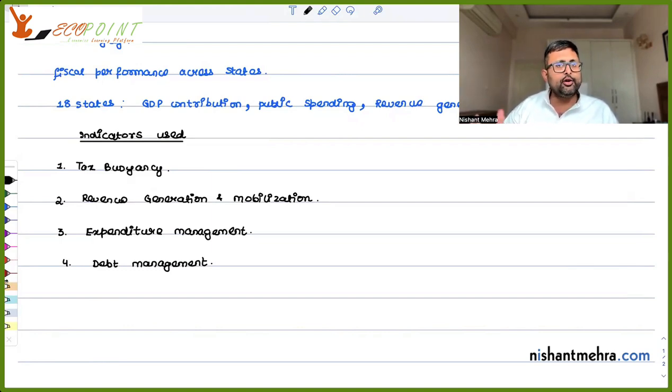So debt to state GDP ratio, and debt servicing burden. When a state takes up some debt, it will have to pay back interest also. So it is going to assess this. If your debt to state GDP ratio is very high, it means you are not managing your finances properly.